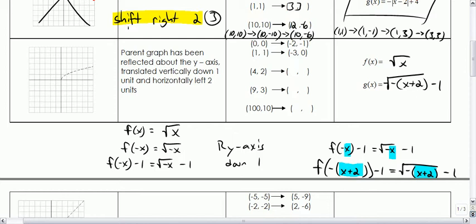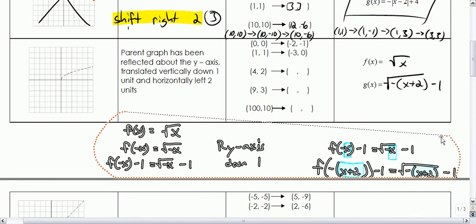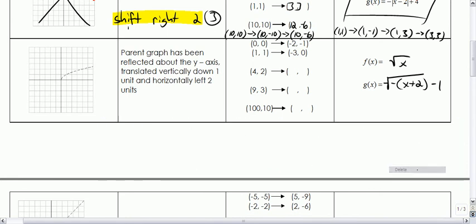Okay, so I start with (4, 2), and I'm going to make myself some more room here. I'll erase this. You can back up the video if you want to see it again. So (4, 2), reflect over the y-axis, so change the sign on x. Down 1, subtract 1 from the y.